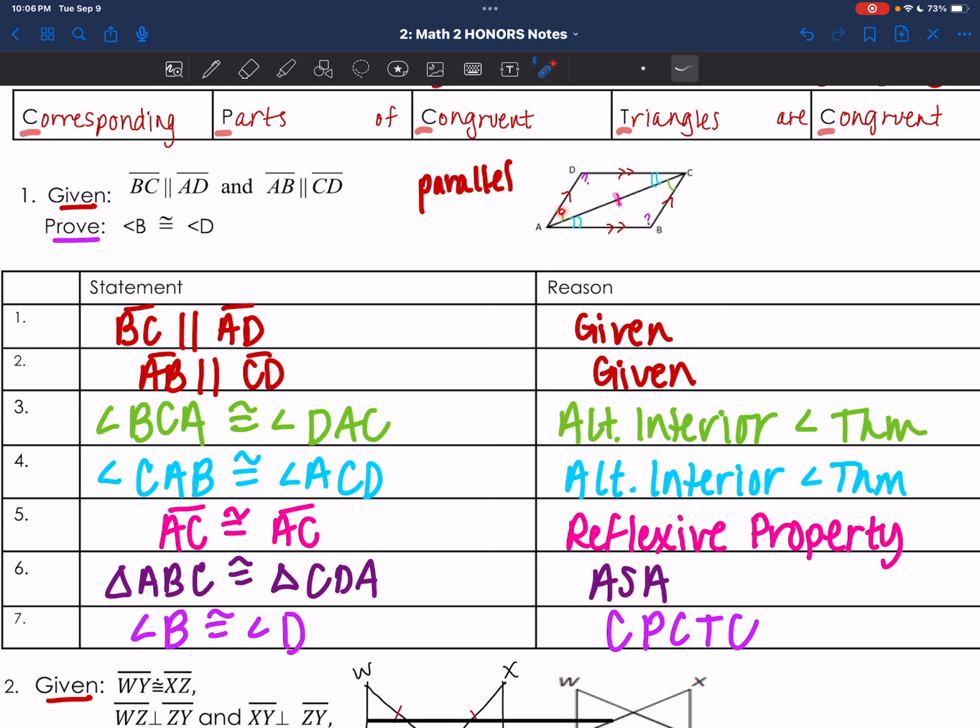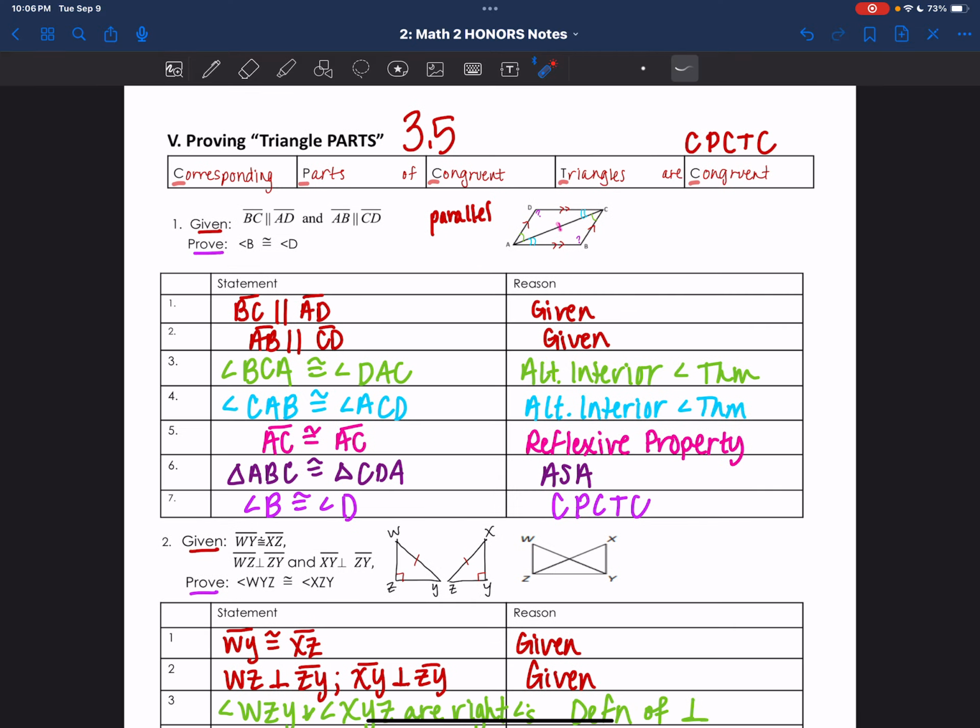So everything else corresponds. Therefore, we know that this angle and this angle are going to be congruent with each other. All right, so it's just a bunch of listing the information and how you know it and any found information.